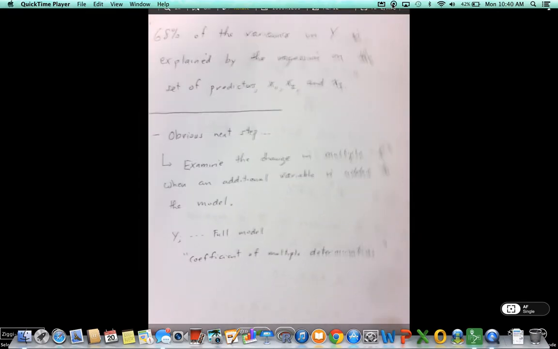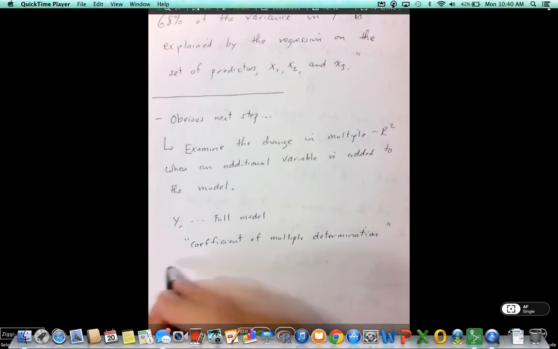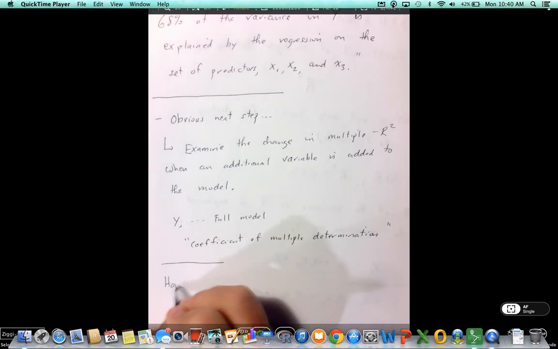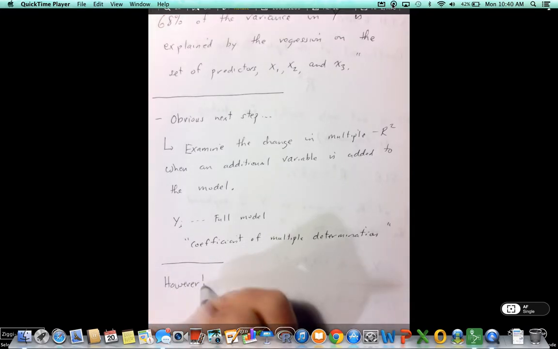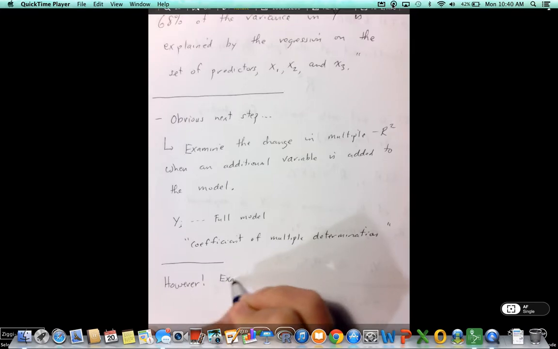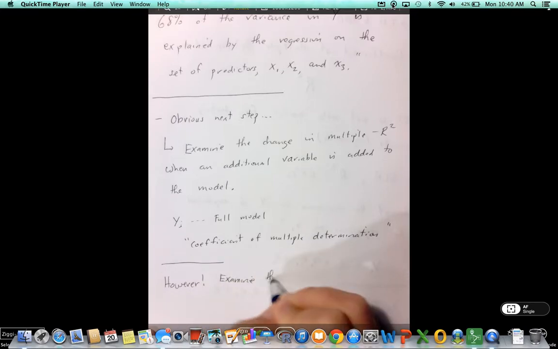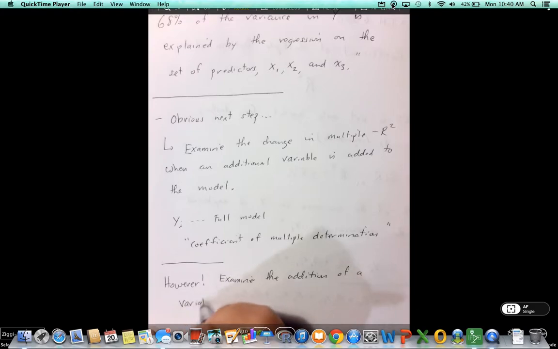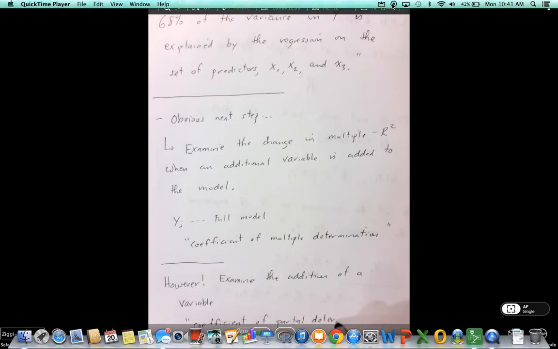However, when we want to examine the addition of a variable, we call this the coefficient of partial determination.